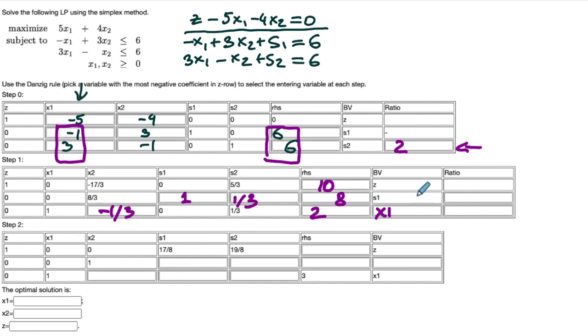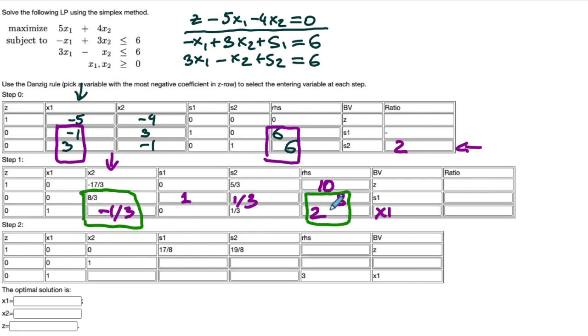To start step 2, we need to select the entering variable, and we have only one candidate for the entering variable. This is the variable with the negative entry in row 0, and it's the variable x2. So this will be our entering variable. And then we need to do the ratio test, for which we are going to focus on this column here corresponding to the entering variable. And we also look at the right-hand sides in this column right here.